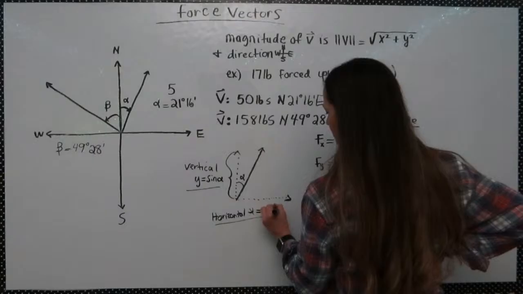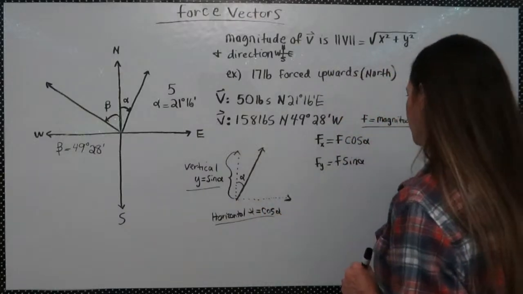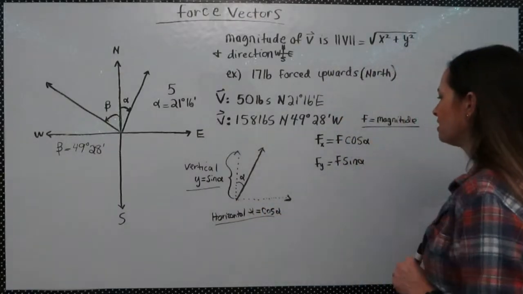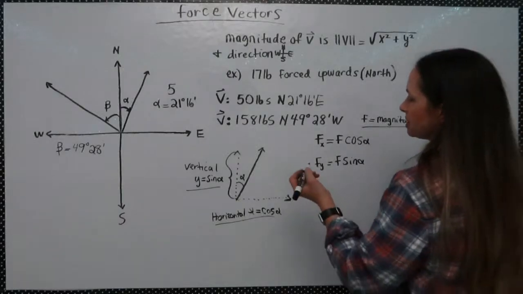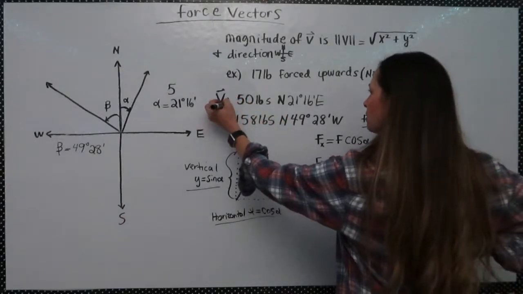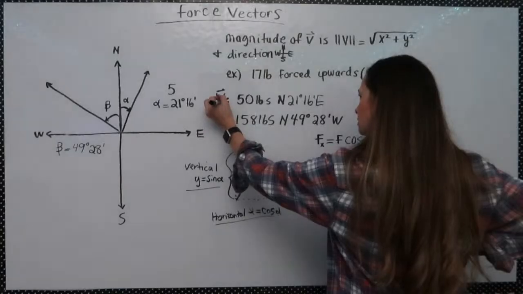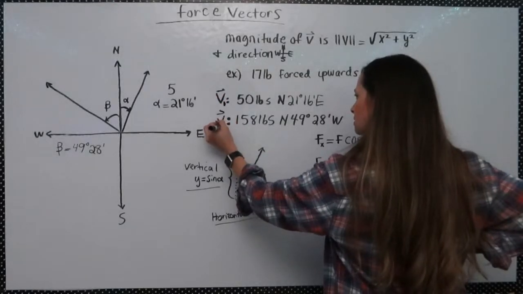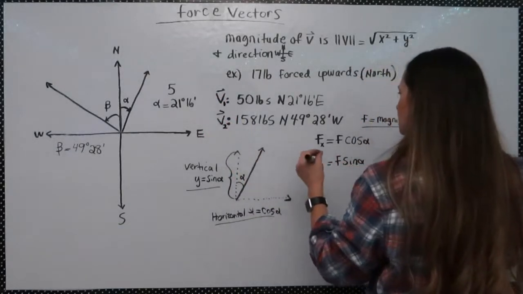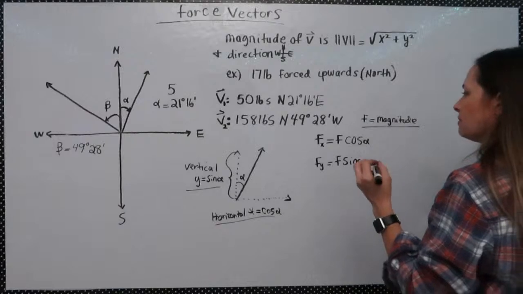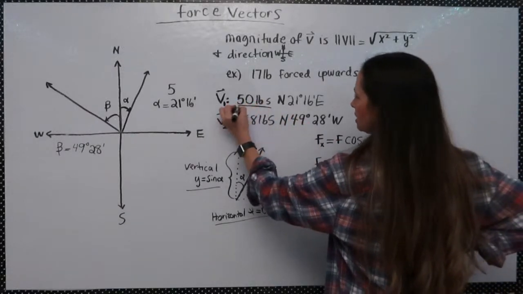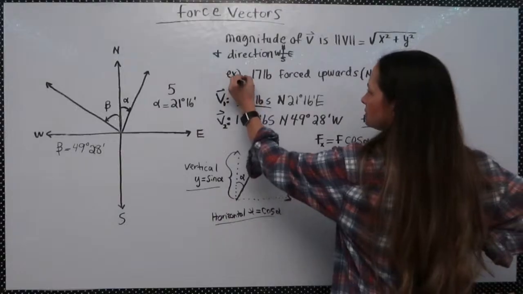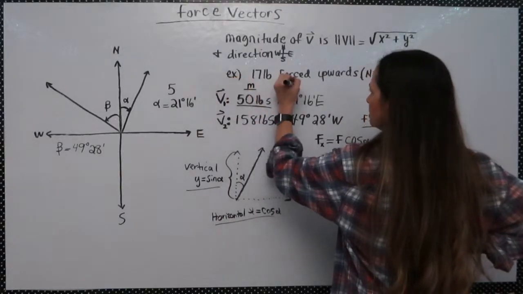Now we're just going to take the values. We'll call this vector the first one, and this one the second one. The magnitude of your vector is 50, and you have your angle. So this is your M, and this is your angle.